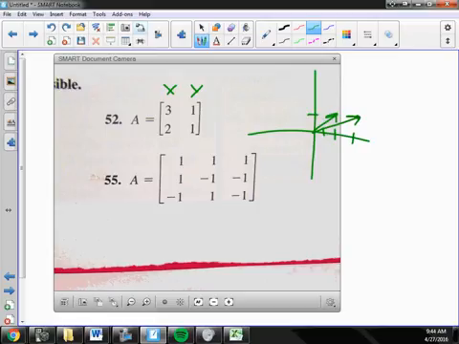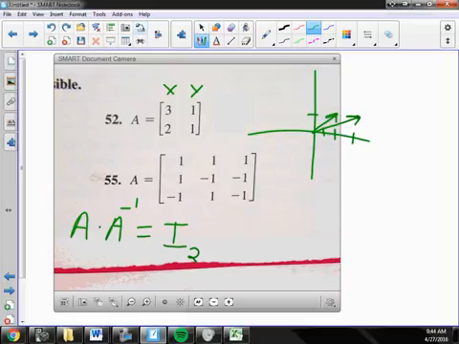So we know that A times its inverse equals what? I2. So how do I solve for A inverse?